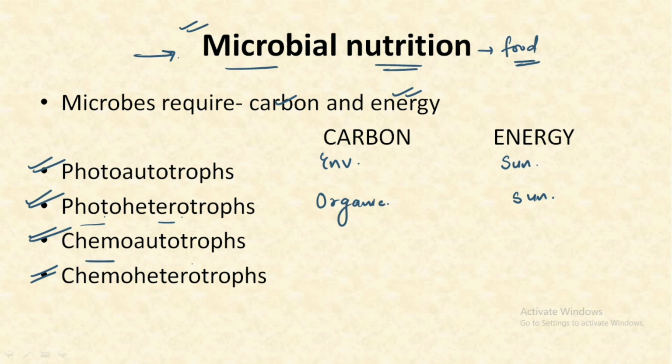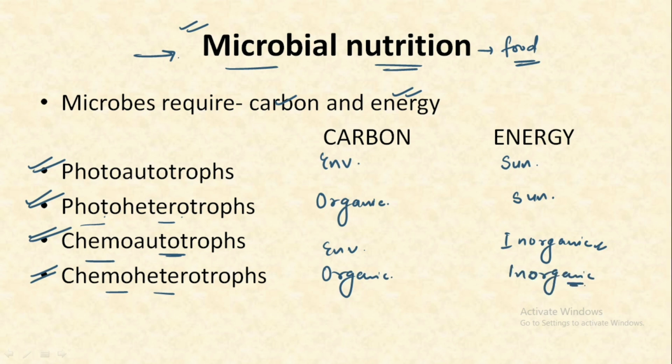Talking about the chemoautotrophs, they take up their carbon from the environment and their energy from inorganic sources. They cannot use the sun as their source of energy. And finally we have chemoheterotrophs, which take up their carbon from the organic matter and their energy from the inorganic matter present in the environment.